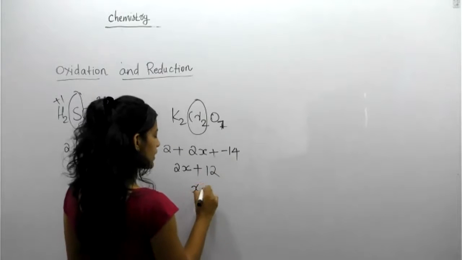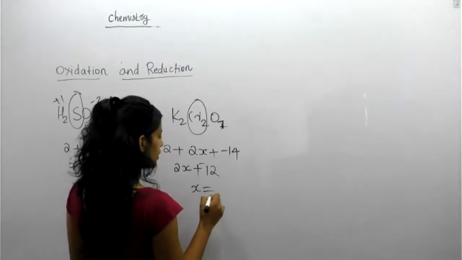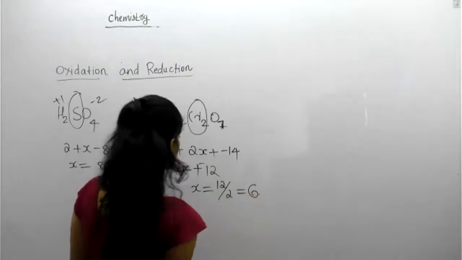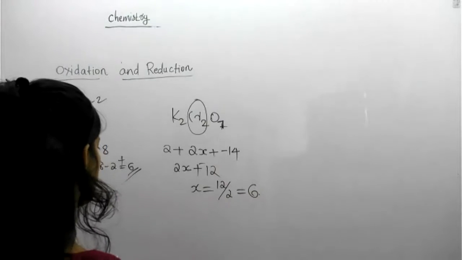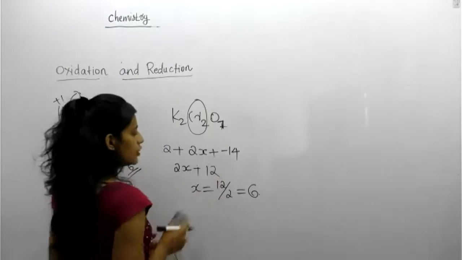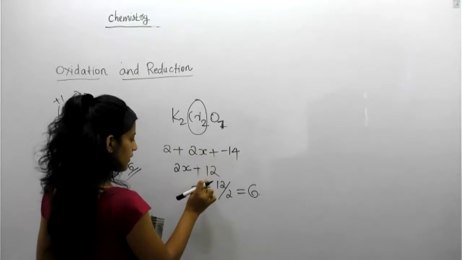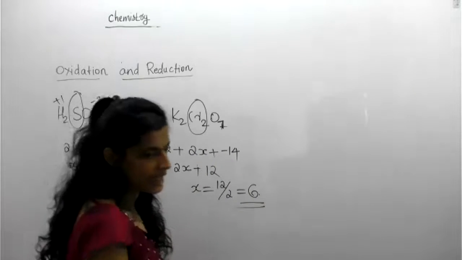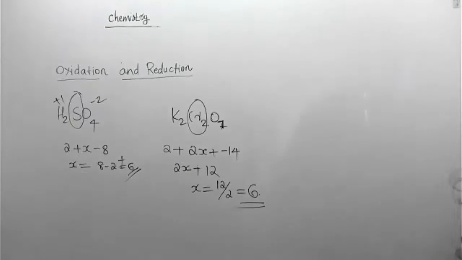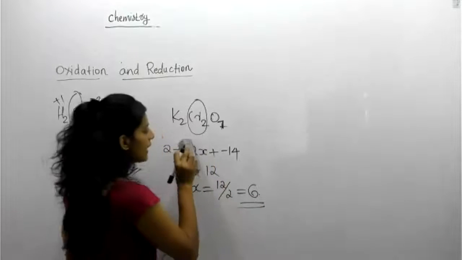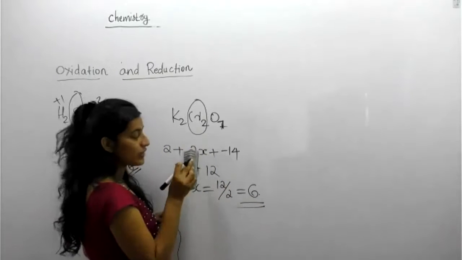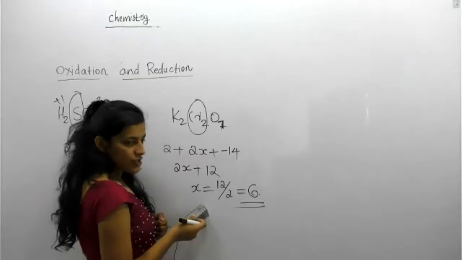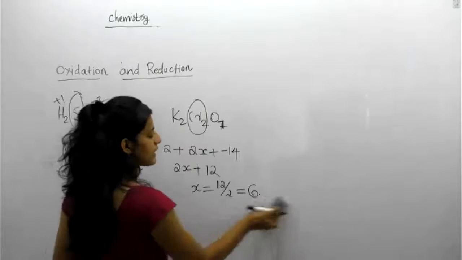So X is equal to 12 divided by 2. Here it is positive 12, since 2 minus 14 is 12. So X is equal to 12 divided by 2, that is equal to 6. 6 is your answer, Sayali. I think your answer became 12 because you took X instead of 2X. So correct your thing. 6 is the correct answer, right?